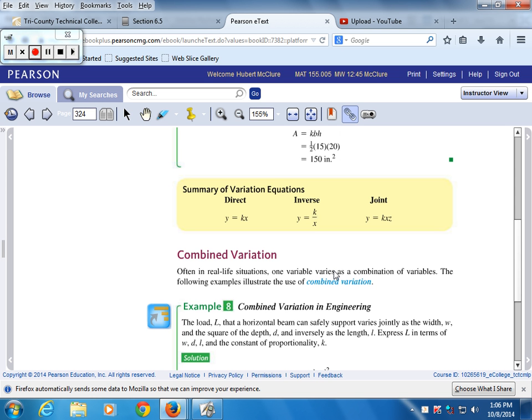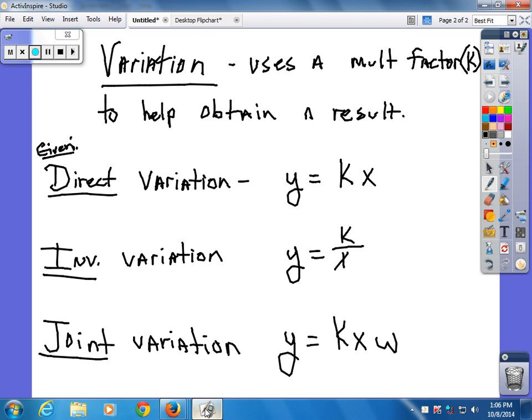All right, y is equal to k times x, y is equal to k over x, and y is equal to kxz. I use z, I use w, it doesn't matter. The only thing that you need to care about is k. I'm going to highlight this red. That means that you need to take a highlighter out and highlight something. K, K, K. K does not change.